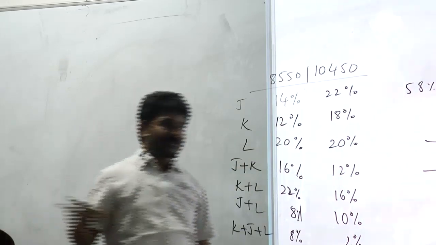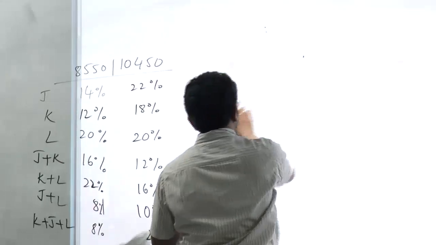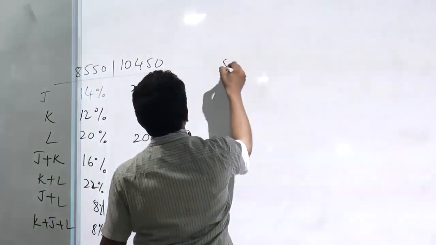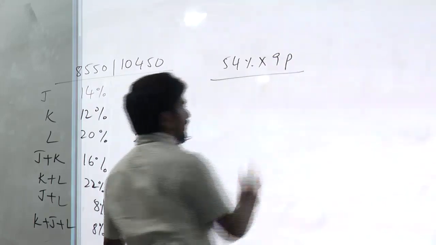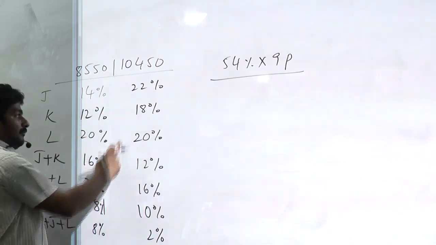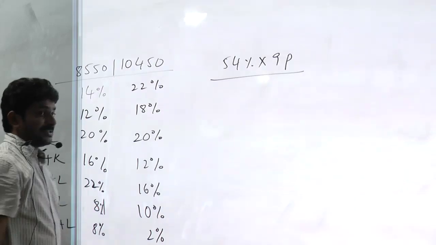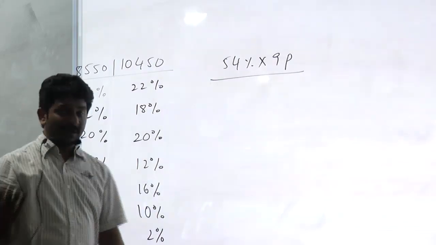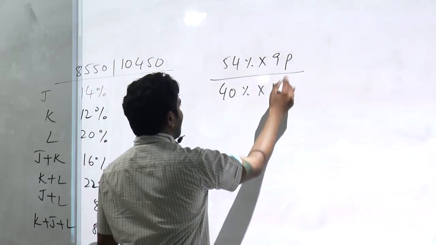If 46% is over, what about the remaining? 54%. Now 54% of what? 9 parts. Right? Next. First 3 values, 22, 18, 40, 20, 60. If 60% is over, remaining 40%. 40% of what? 11 parts.